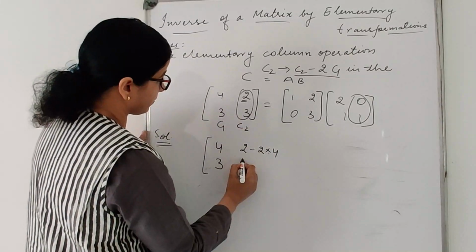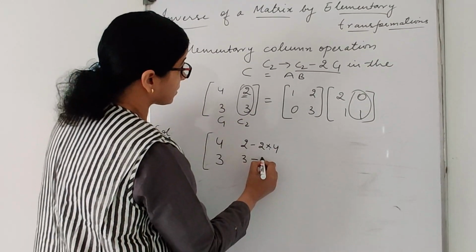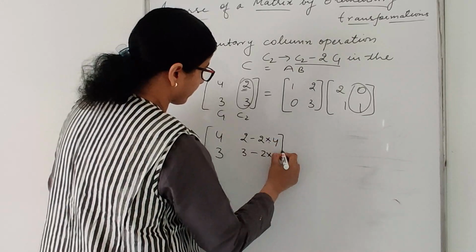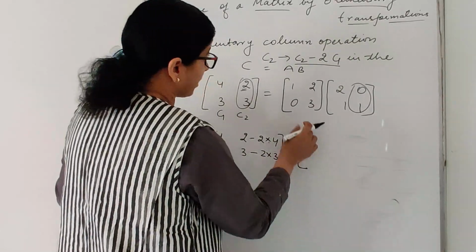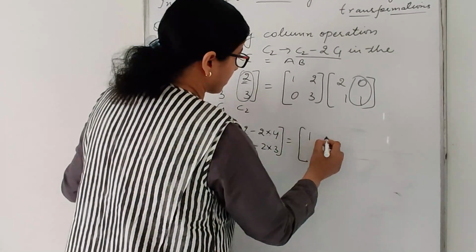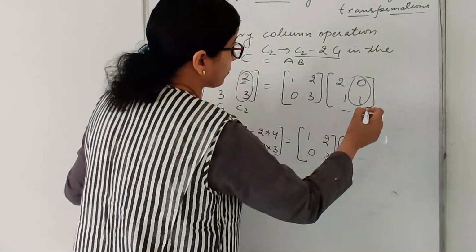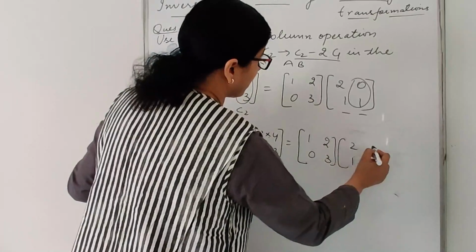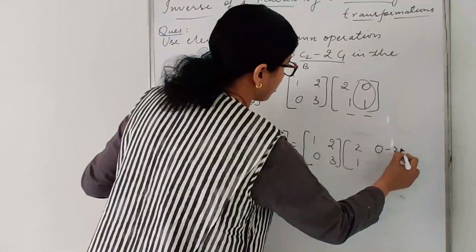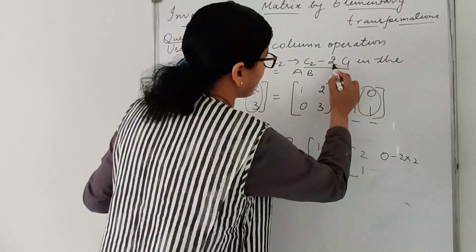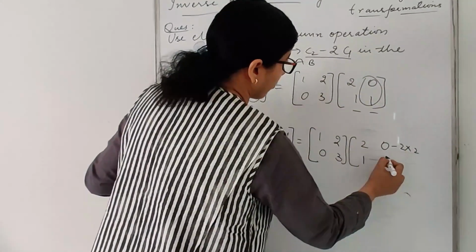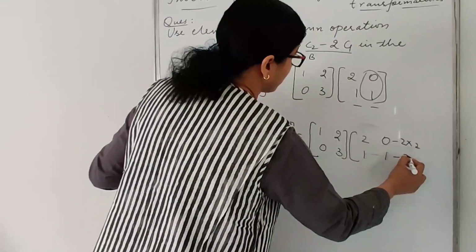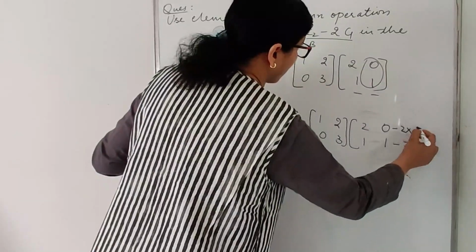And this is 3 minus 2 into 3. The pre-factor will be copied as it is. Now we'll make a change in the post-factor. So this is my column 2. In this I have to make a change, right? So 0 minus 2 into 2, 2 from this and 2 from here. Then 1 minus 2 into 1.